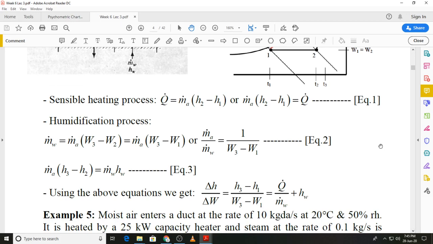So what you will do, you will add equations 1 and 3. When you add them together, on the left hand side, m dot a times h2 minus h1, to which you will add m dot a times h3 minus h2. So this term plus h2 minus h2 will cancel out. You will get m dot a times h3 minus h1, and on the right hand side you will get q dot plus m dot w hw.